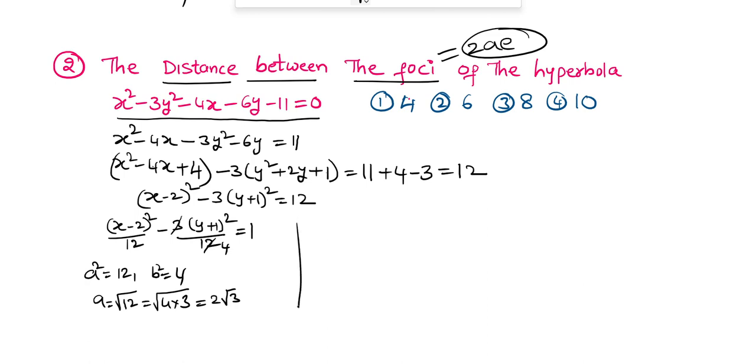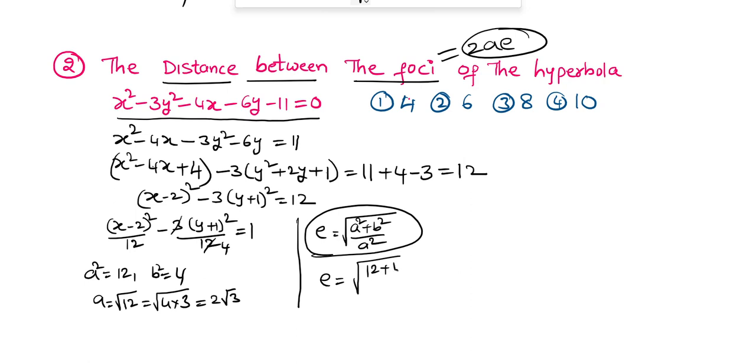Now find the eccentricity. Eccentricity e = √((a² + b²)/a²). This is the formula for eccentricity. Substituting the a² and b² values, it is (12 + 4)/12. 12 + 4 is 16, so this is 16/12.